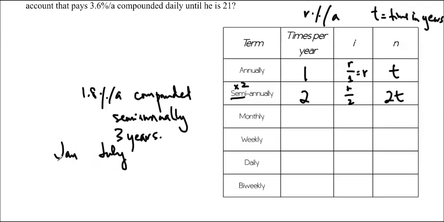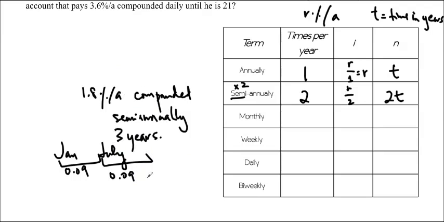So for this compounding period from January to July, I would want to have half of the per annum interest rate, because it's going to have to add up to 1.8%. That's why we divide by 2 to get the i. So it would be 0.9% for this section, and then 0.9% for this section until December, right?